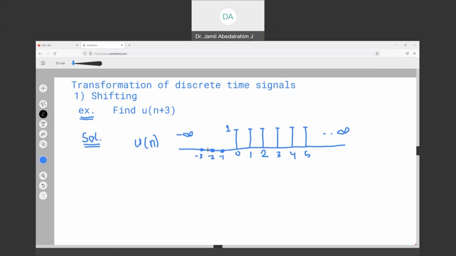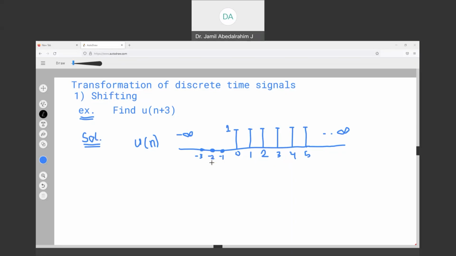That's it, because of +3. So to find the solution fast, once we have an example like u of n plus 3, that means our starting point is -3. Our starting point is -3, not 0.